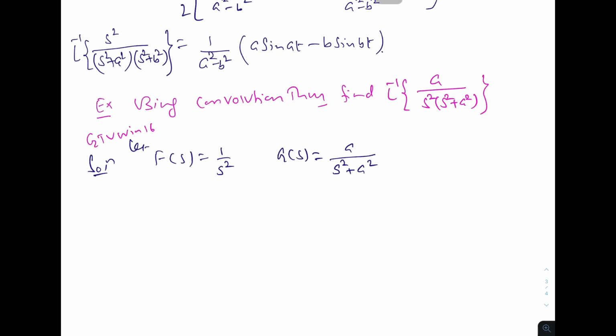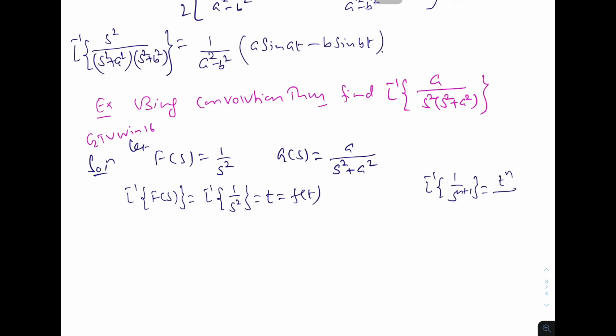See, you need to select F(s) and G(s) in such a way that you can find out their inverse Laplace transform easily. Now we know the inverse Laplace transform of F(s). So inverse Laplace transform of 1 over s square is very standard, and that is t, and this is nothing but f(t). You know, inverse Laplace transform of 1 upon s power n plus 1 equals t power n upon n factorial, if n is a natural number.